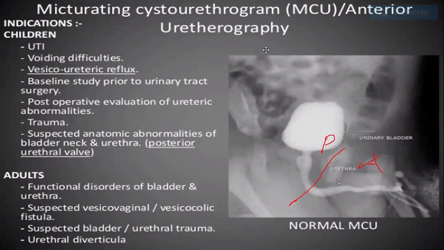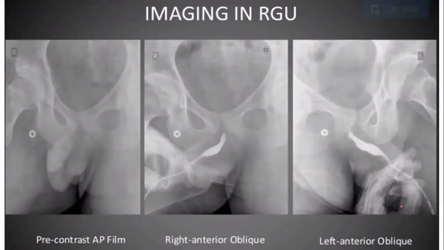You have here the penile urethra and then the bulbar urethra. What are the parts of the posterior urethra? The membranous, and then the prostatic urethra. Okay? Don't forget about that. Okay, next.